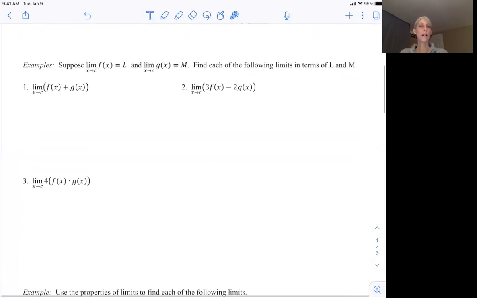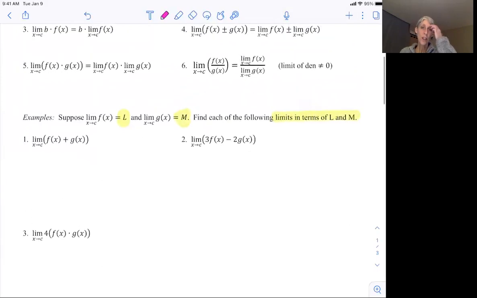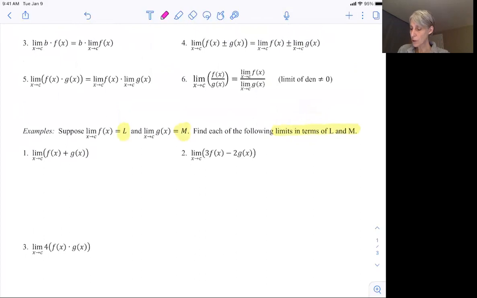If we look at an example: the limit as x approaches c of f of x equals L. The limit as x approaches c of some function g of x equals M. We're going to use our properties to find each of the following limits in terms of L and M. So I'm going to first just break this apart using my properties.